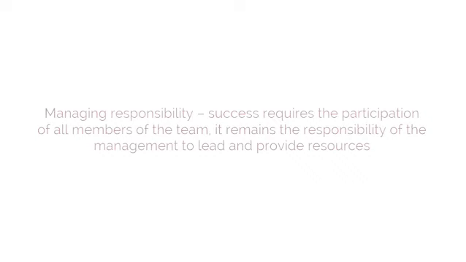Managing responsibility. Though success requires the participation of all members of the team, it remains the responsibility of the management to lead from the front and provide resources to succeed. And continuous improvement. The plan, do, check, act cycle is the basis for quality improvement.